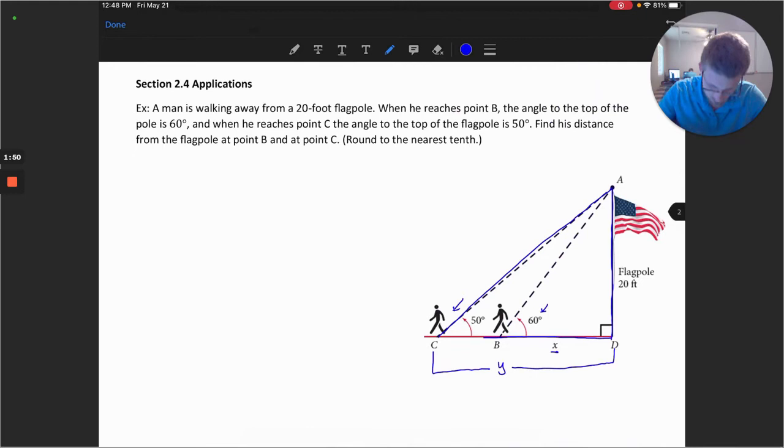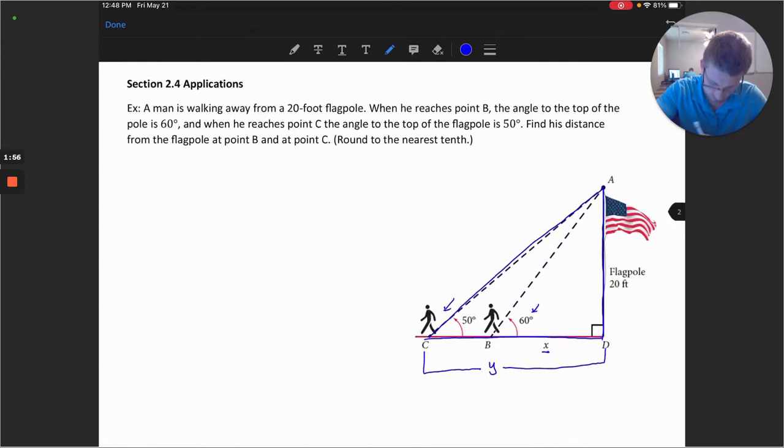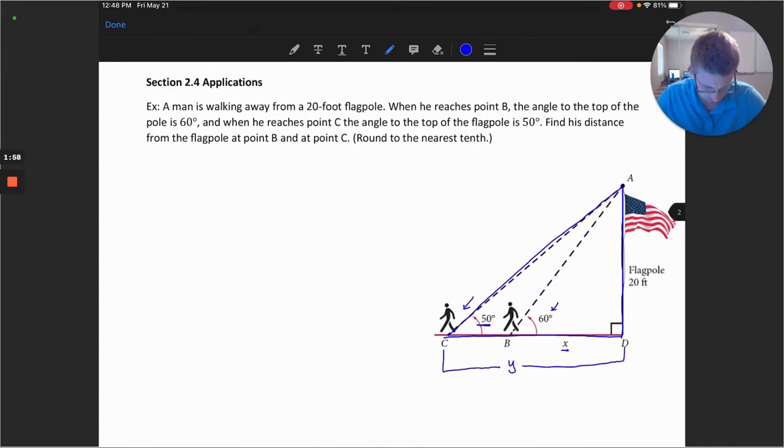I'll highlight that in blue. That big right triangle over here, and we have an angle here of 50 degrees. So I can consider the relationship between the sides of my triangle that I want to relate. I know the flagpole is 20 feet, and I want to find that base side of y.